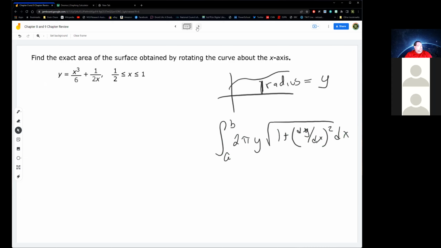So again, the first thing I have to do is find my derivative and then go through and clean up my square root part before I actually do the integration. The dy/dx of this will be x squared over 2, minus 1 over 2x squared.